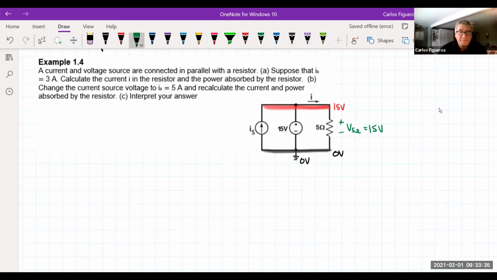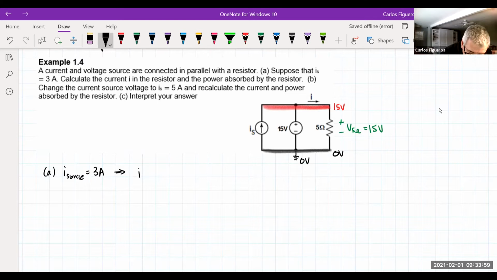That's it. So if I go and calculate the current, if the source is 3 amps, then what this tells me is that the voltage across the 5 ohm resistor should be, I'm sorry, that's not what I was supposed to calculate. They asked for the current.